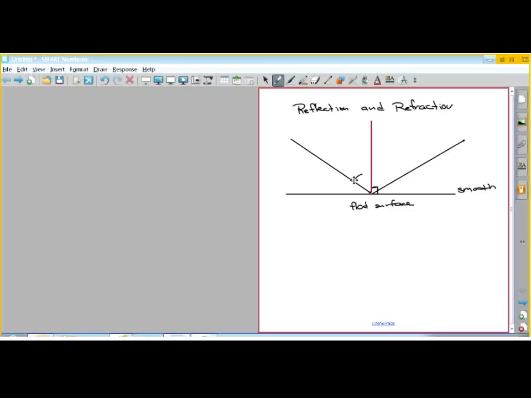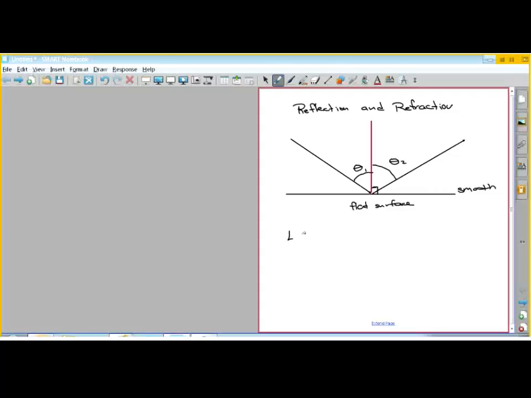We show this as being an angle, theta, in degrees. We call that theta 1, and then the angle of reflection is going to be theta 2. So again, the angle between the ray and the line that's perpendicular to the surface.